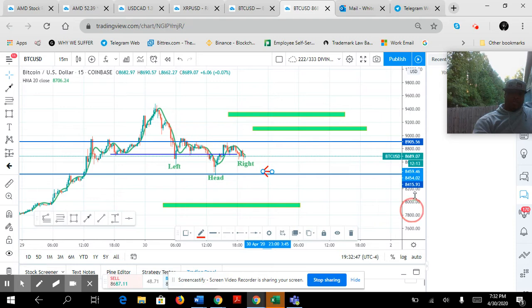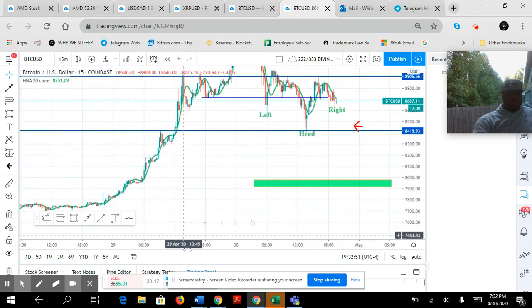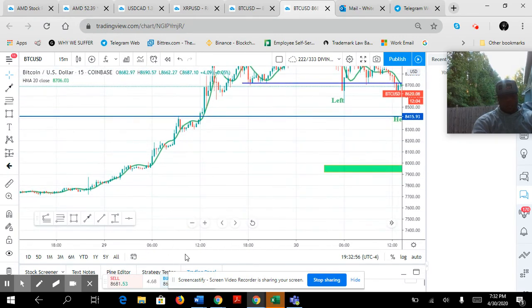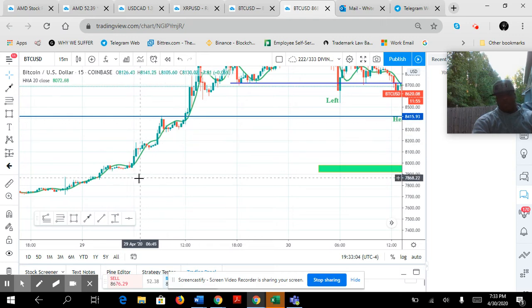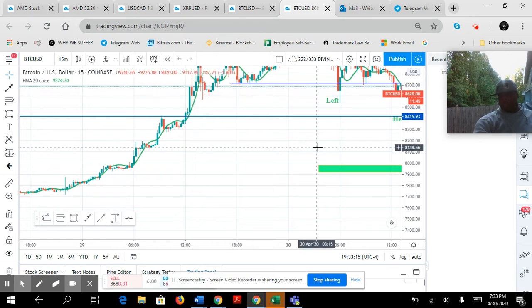Let's zoom in. Look at this. Support. See? All in this area. And support bounced up, went stronger, right? Higher high, lower high, higher high, lower high, higher high, lower high.